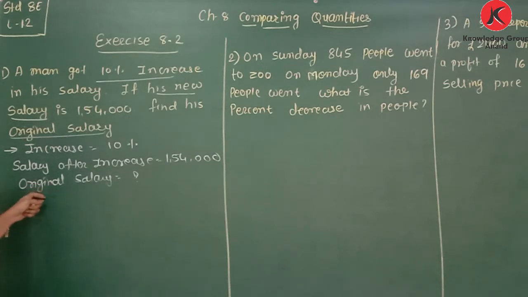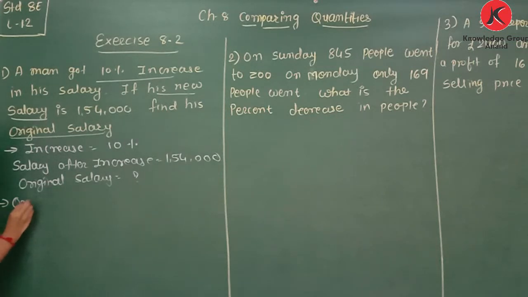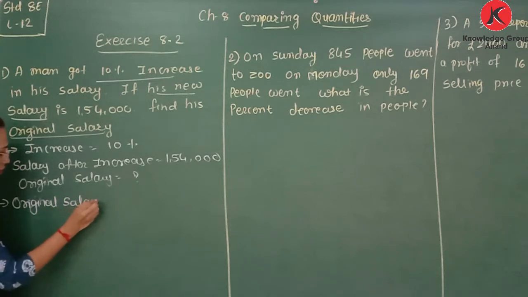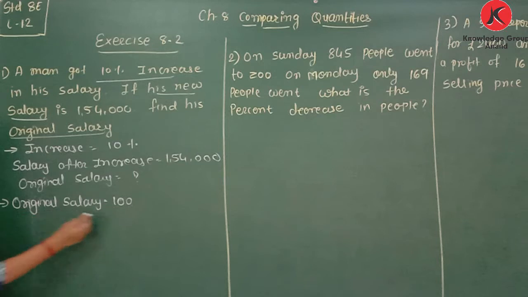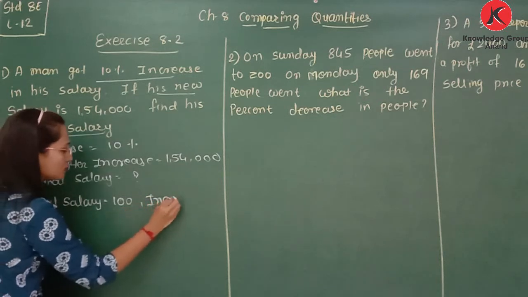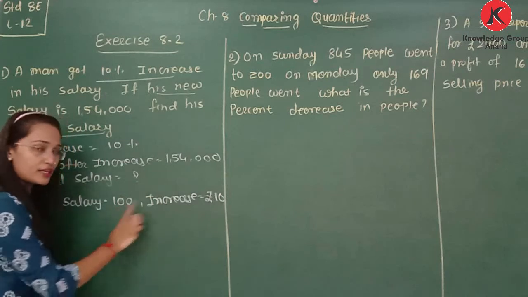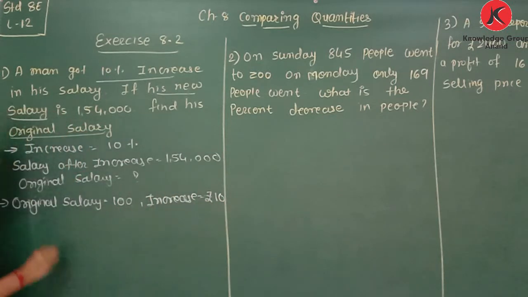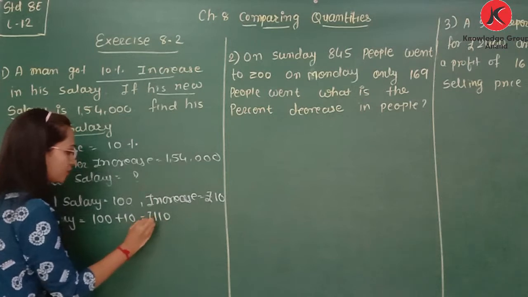Okay. So now we can start. Original salary is 100. So 10% increase means the increase is equal to 10 rupees. If it is 100, then the increase is 10 rupees. So new salary is equal to 100 plus 10, that is 110.